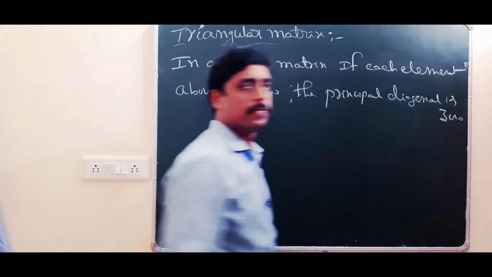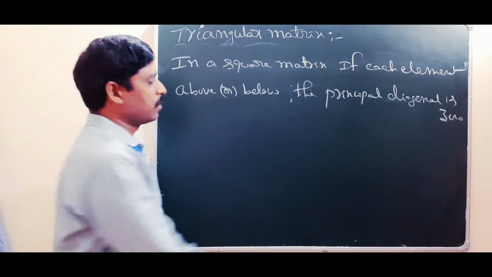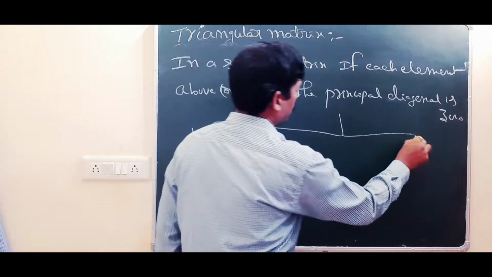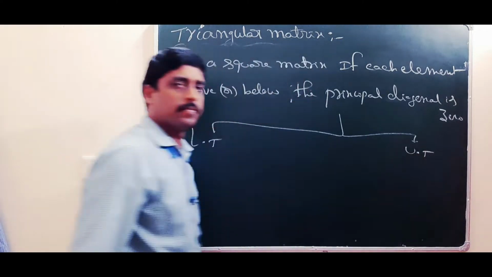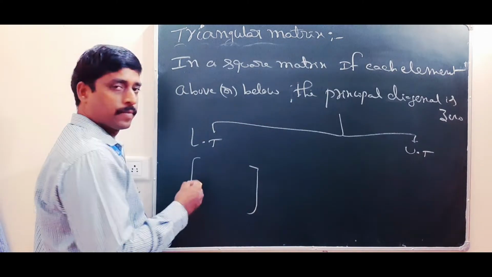Okay, these are two types. One is lower triangular matrix, second one is upper triangular matrix.